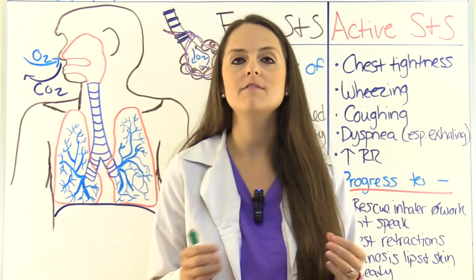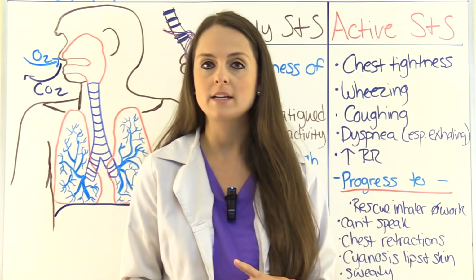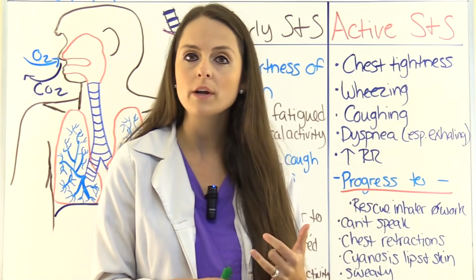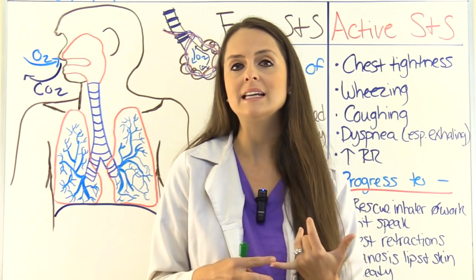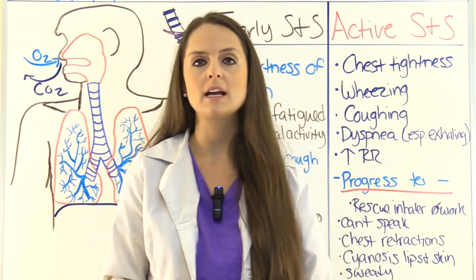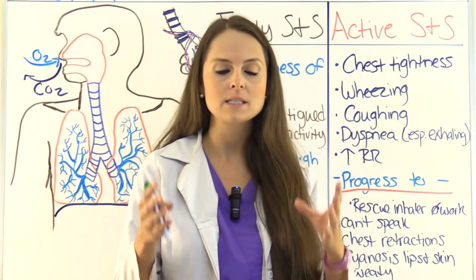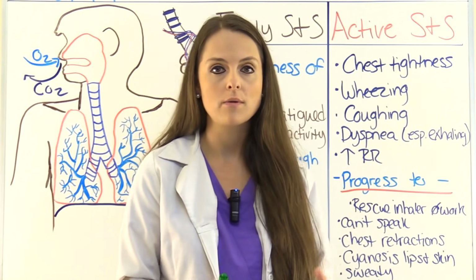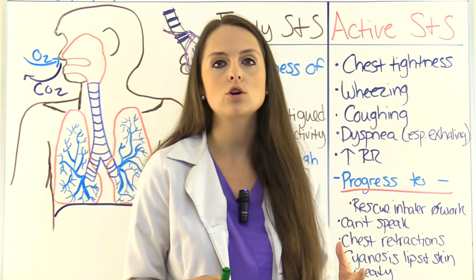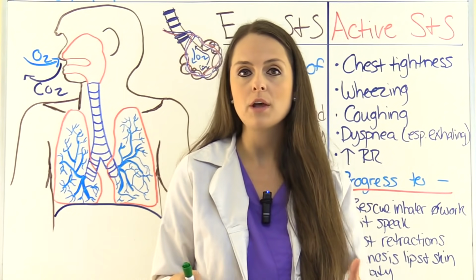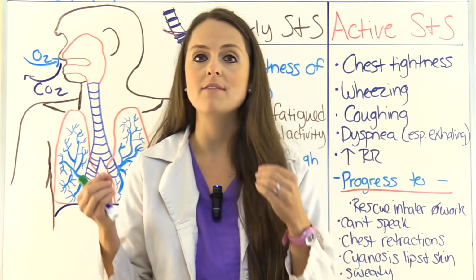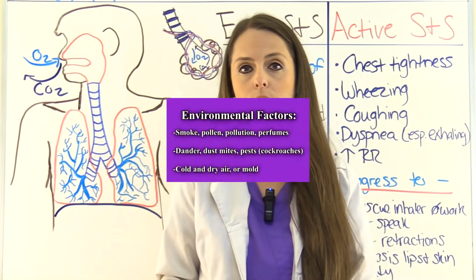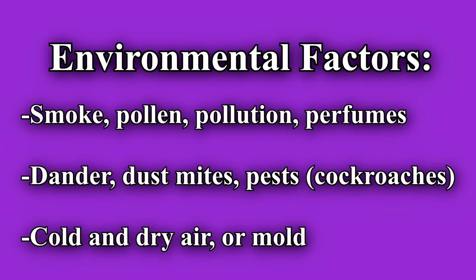Now, asthma attacks vary in severity among patients. So as the nurse, it's really important that you help the patient be able to identify triggers that are leading them into having an asthma attack. Now, the cause of asthma itself is not known. They think it may be a genetic factor or environmental. But they do know that there are certain things that can trigger a person to have an asthma attack, which include environmental factors like smoke.